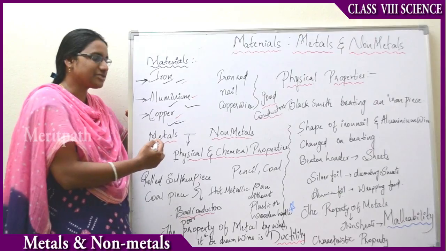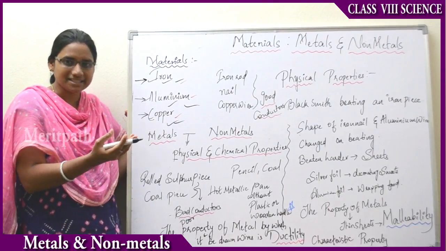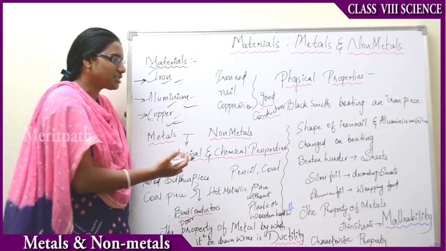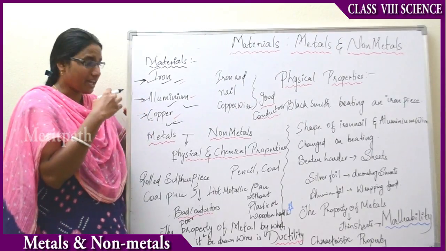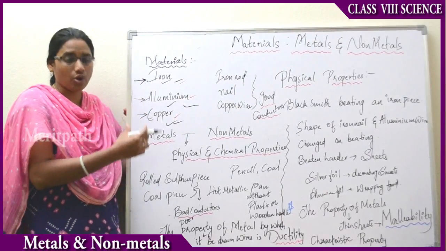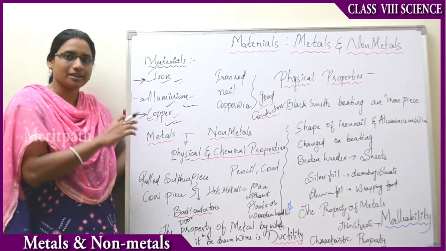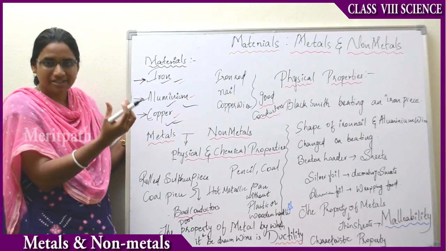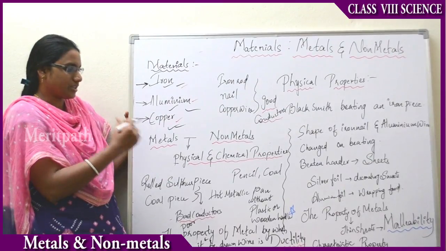While coming to physical properties, the properties that we can see, touch and feel are known as the physical properties. While coming to the chemical properties, the reactions undergone by the metals and non-metals will be seen through other resultant compositions, and thus we classify these metals and non-metals into two types.